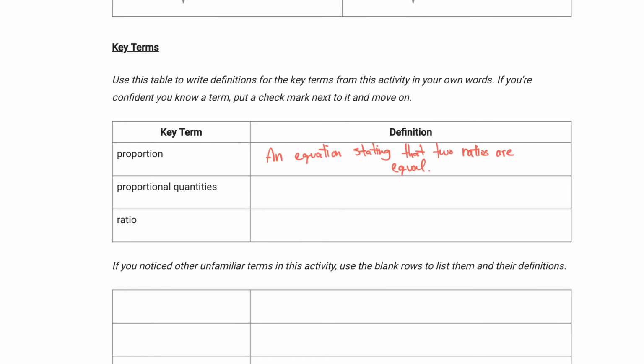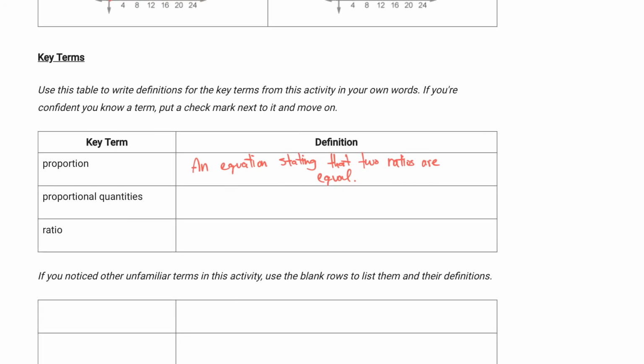Also, I'll write an alternate thing here. What's a proportion? It's two equal fractions. Okay, so there you go.